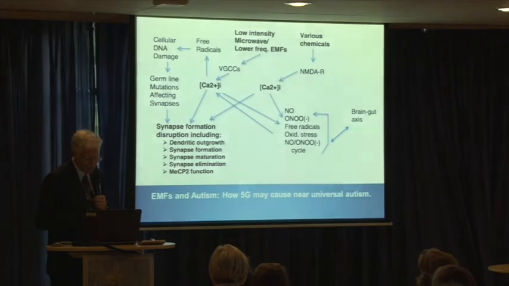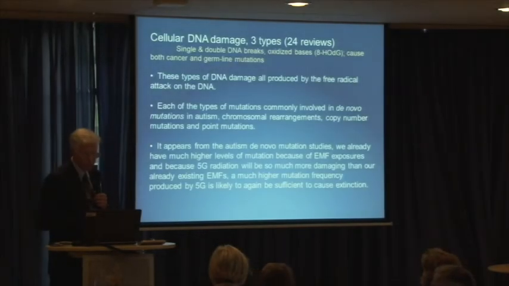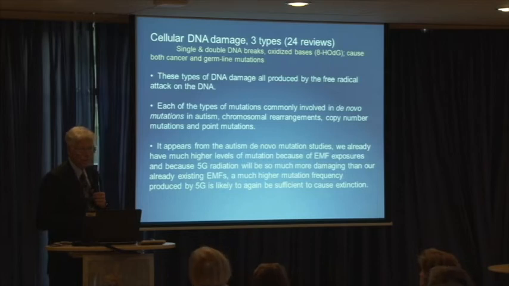I mean, there is reason to think that autism can be caused by this, and I don't have time to talk about it, but we may well see essentially universal autism from 5G. I don't know that that's going to happen, but I think it is very reasonable that it could happen. DNA damage is a big problem in terms of our gene pool being contaminated by very large amounts of mutation.